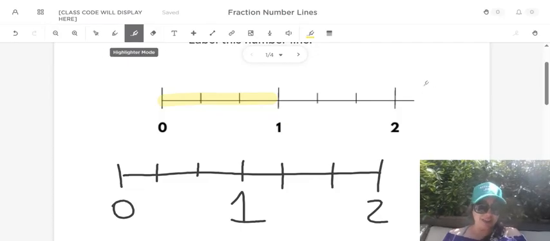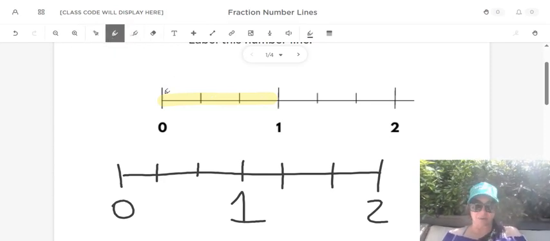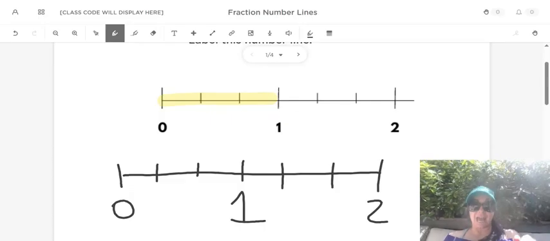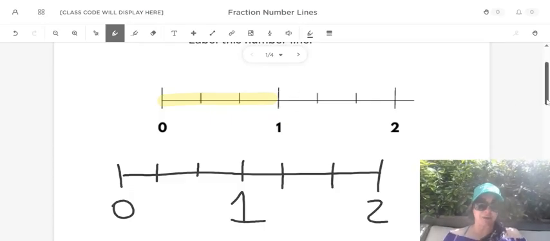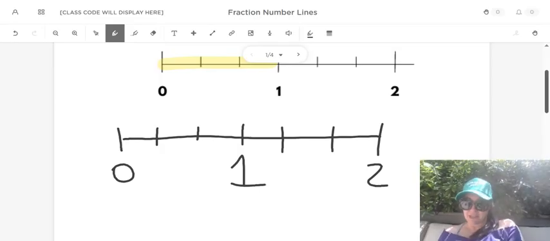Don't even look at this side yet. So if I'm looking at this whole piece, I want to think how many equal pieces is it broken up into? 1, 2, 3. That means at every spot on this fraction number line, it is going to have a denominator of 3.